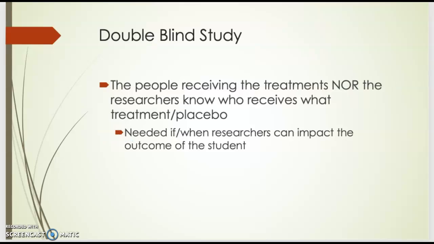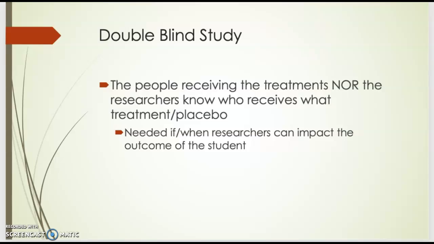A double-blind study, often used in psychological and medical studies, means the people receiving the treatments don't know who has what, and the researchers don't know either. Everybody has a number, nobody knows, and they're just checking things out. The researchers don't know who has what, and the people receiving the treatment don't know who has what.